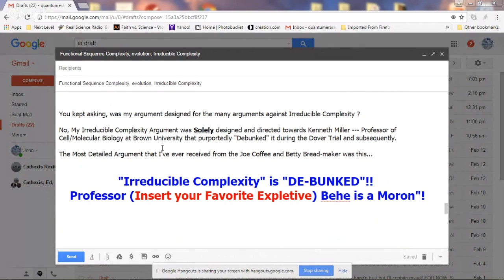And my answer to that is no. That irreducible complexity argument was solely designed and directed towards Kenneth Miller. He's the professor of cell and molecular biology at Brown University. And purportedly, he debunked irreducible complexity at the Dover trial and subsequently. So that whole presentation was geared towards him and his arguments.